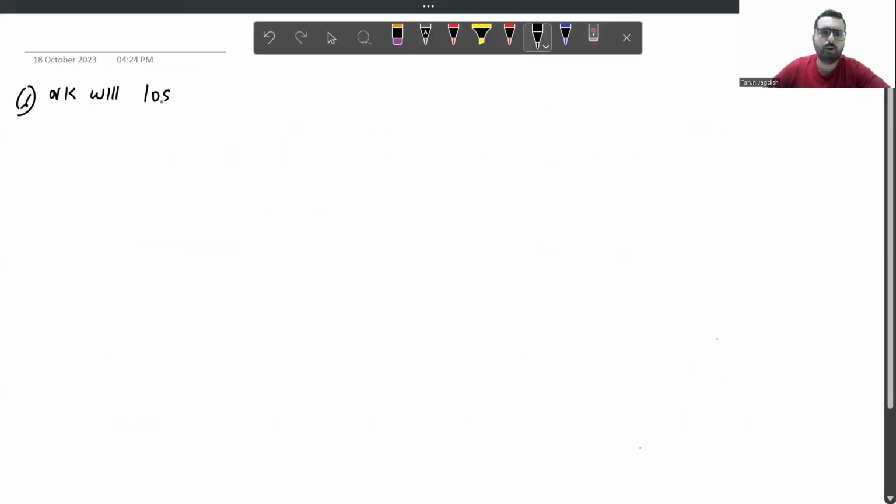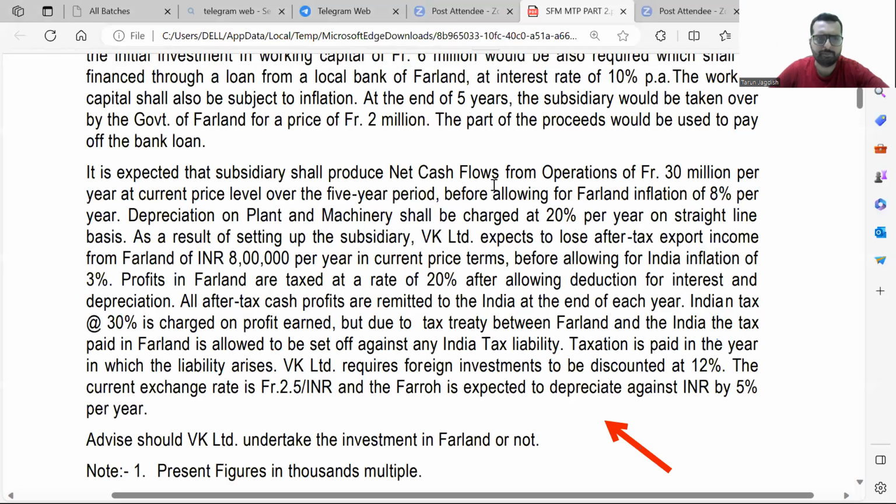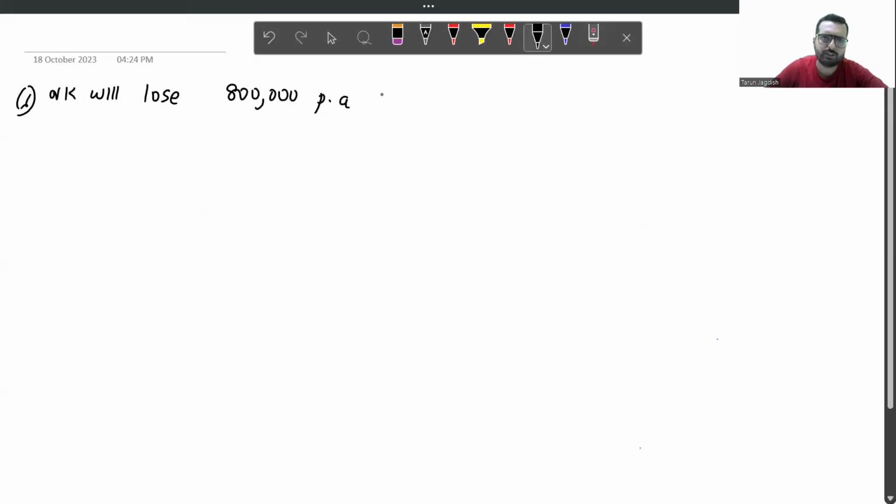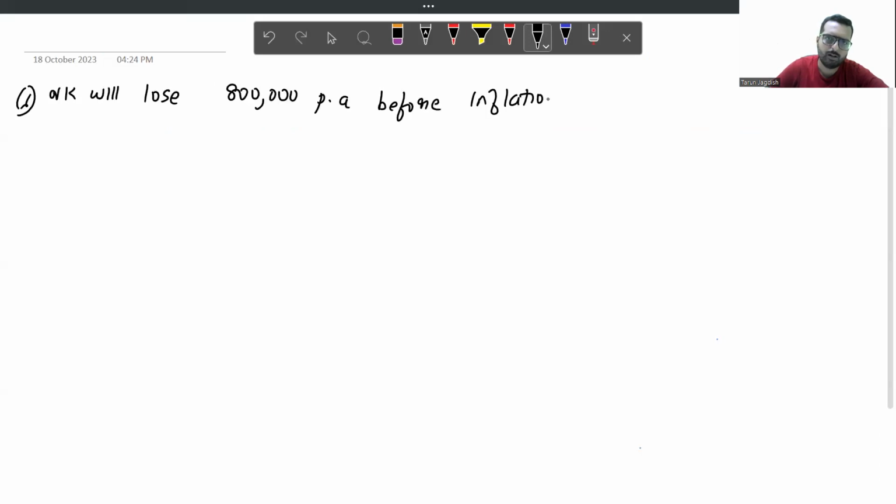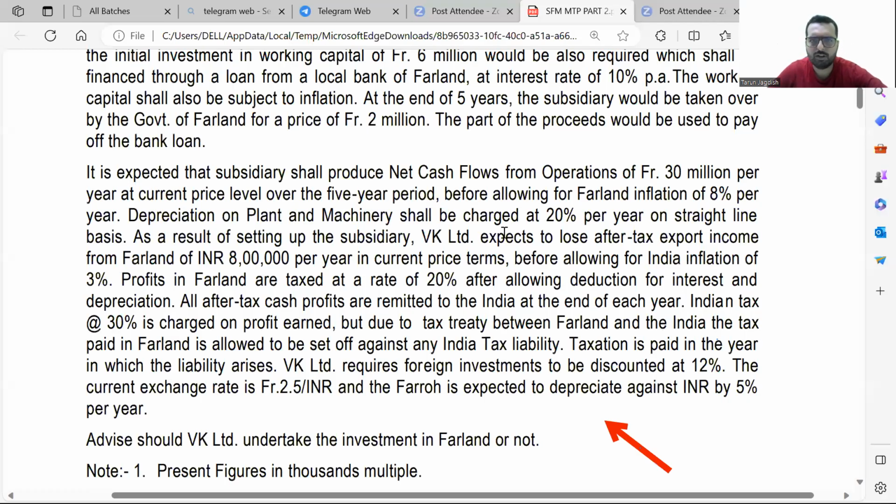VK will lose 8 lakhs per annum in current terms, before allowing for inflation. In current terms, but before allowing for Indian inflation at the rate of 3%.